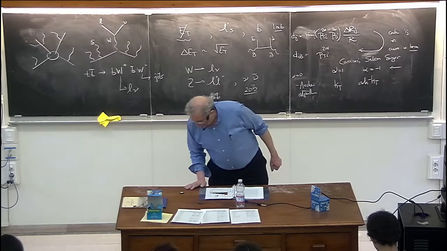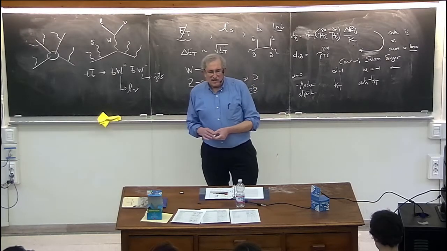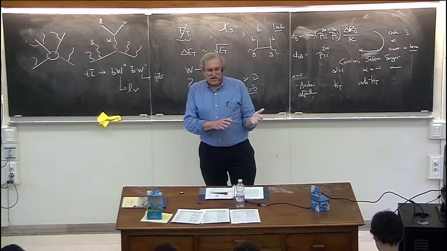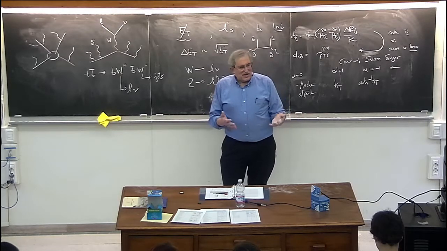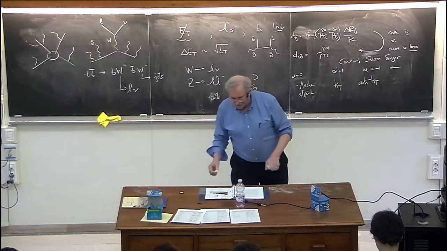And this is a feature of top which is actually very important to realize at the LHC, because top is, on the one hand, a very large cross-section from the point of view of the standard model, but on the other hand, a very annoying cross-section from the point of view of going beyond the standard model.